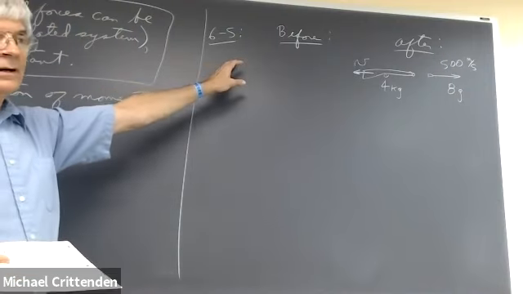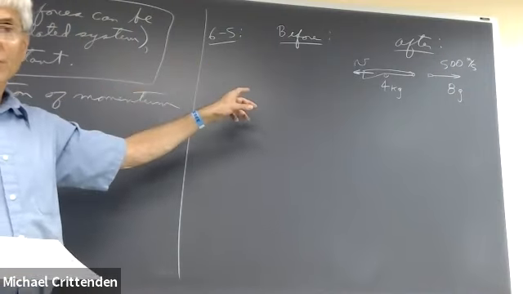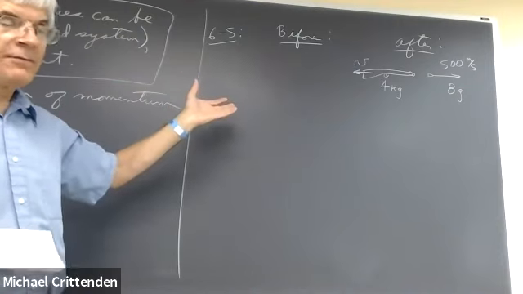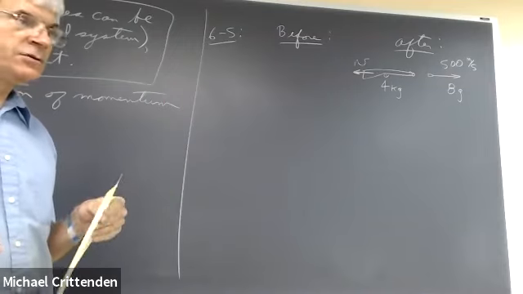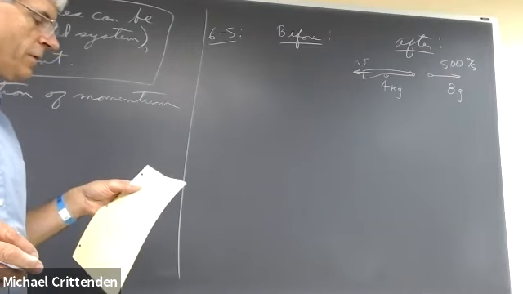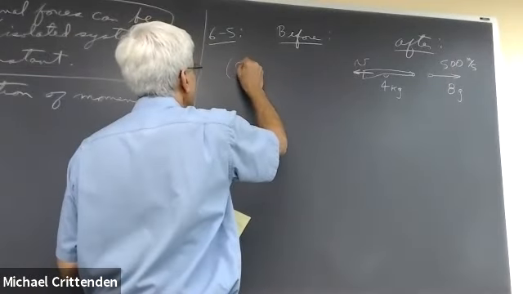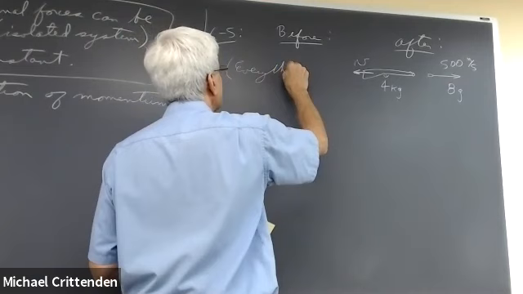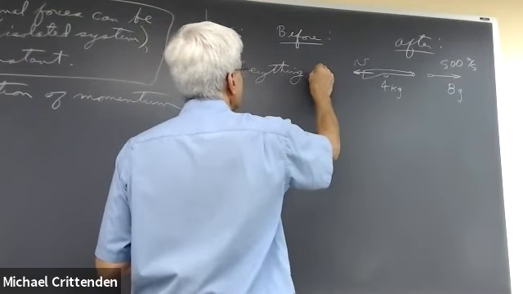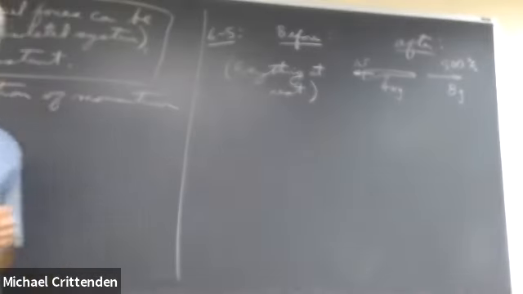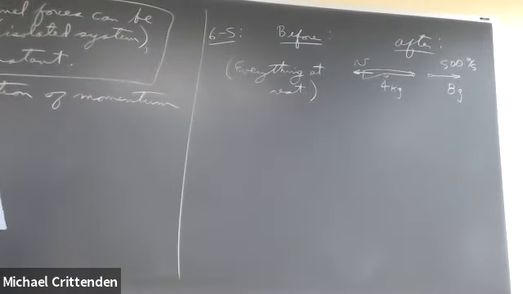If I was going to draw a before picture, it would just show the gun with the bullet inside of it, both of them sitting still. Drawing another picture sounds like more work than it's worth in this case. So I'm just going to put in parentheses that before you fired the gun, everything was at rest.